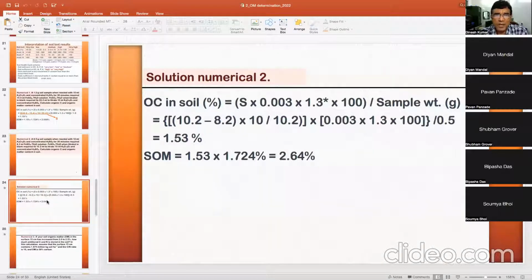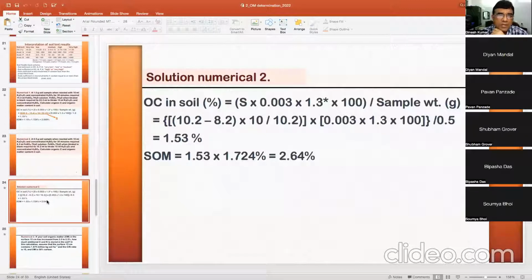What is your answer? Calculating. Shubham, what happened to your answer? You need to double it, simply double it because you have taken 1 gram soil. Yes, sir. Now it is same as yours, sir, after doubling it. That means mine is also correct. So you see, it is 1.5% carbon and 2.64% organic matter.